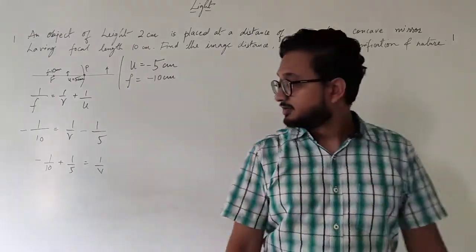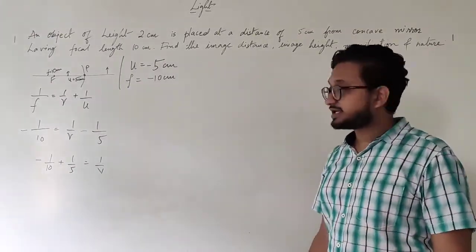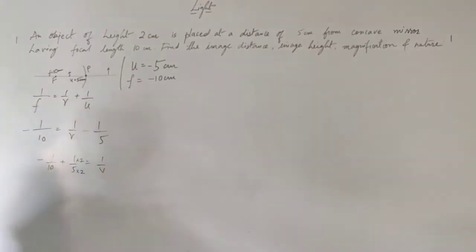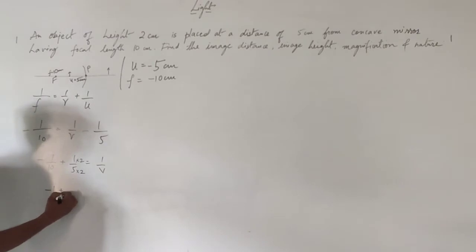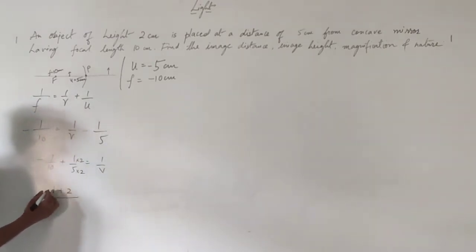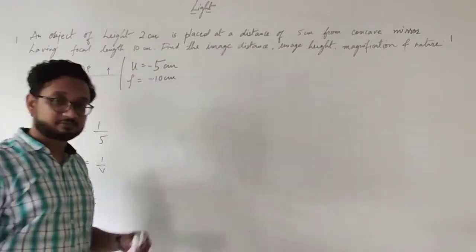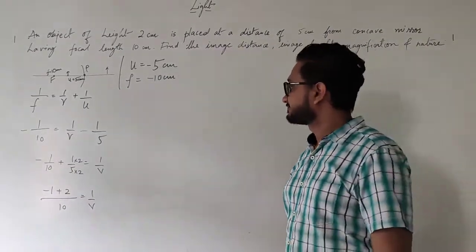Okay? Simple. 10 is the LCM. So you multiply 5 by 2 and over here 1 by 2 as well. So what you get is minus 1 plus 2 upon 10 is equal to 1 upon v. Okay?